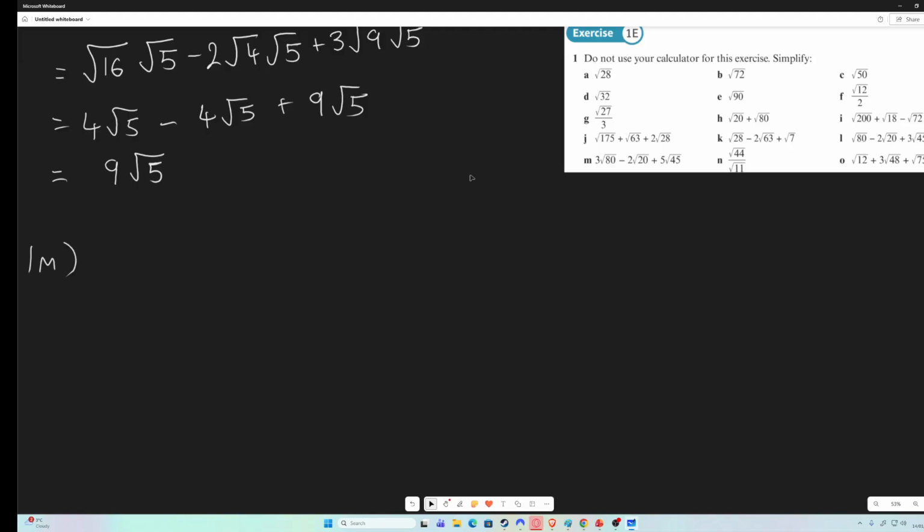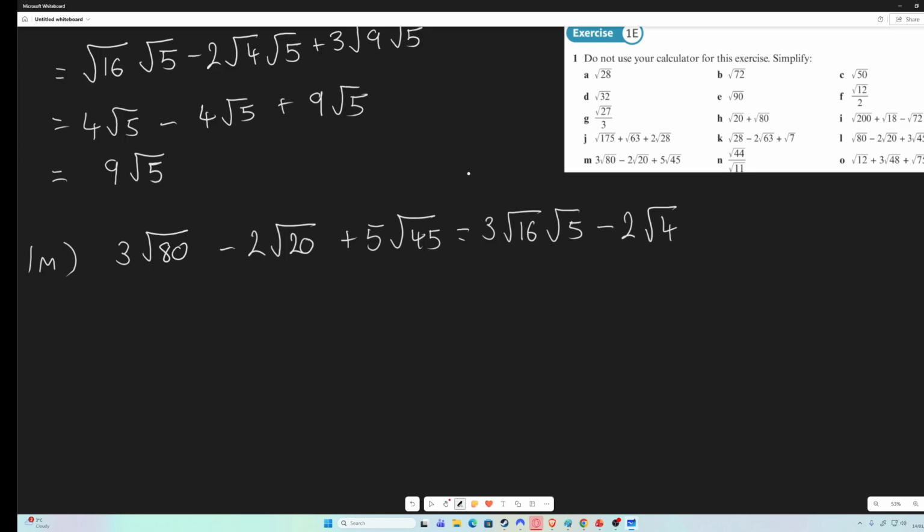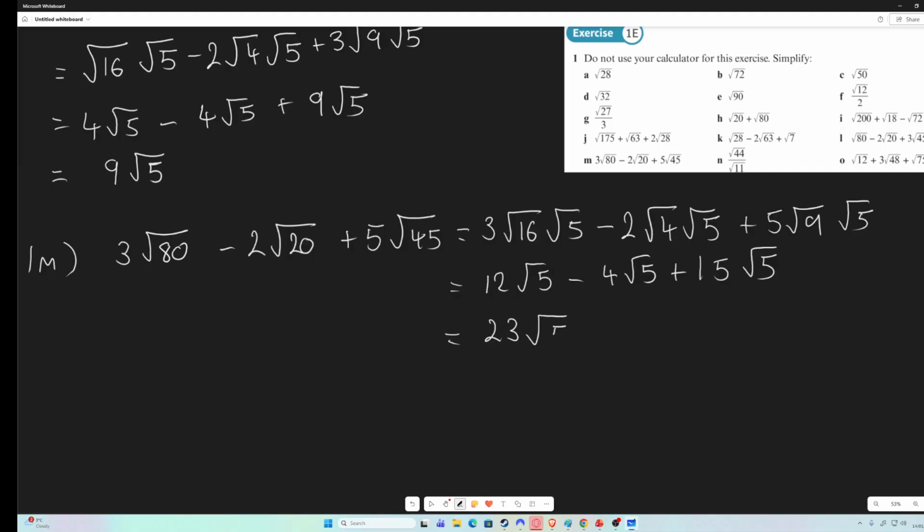So 1m, 3 root 80 minus 2 root 20 plus 5 root 45, so that equals 3 root 16 root 5 minus 2 root 4 root 5 plus 5 root 9 root 5, so that is 3 times 4, which is 12 root 5 minus 4 root 5 plus 15 root 5, which is 23 root 5.